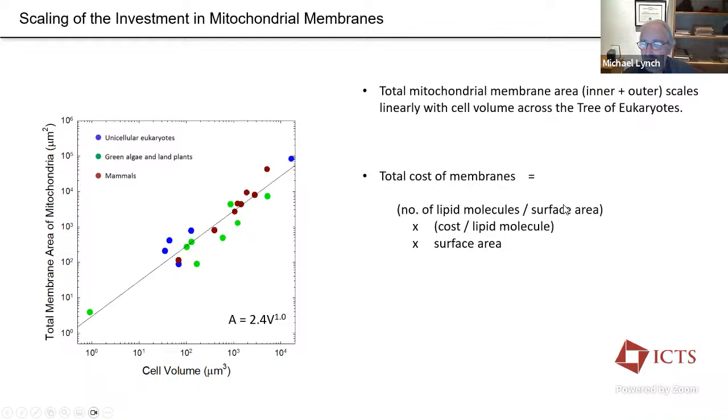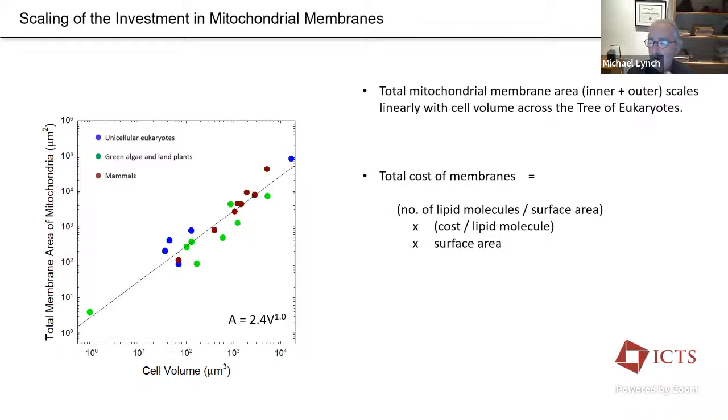This is getting a little ahead of ourselves. I'll talk about this when I switch to the next part of the lecture. But we know how many lipid molecules occupy a unit surface area. We know that because lipid molecules line up next to each other in parallel. And we know the area of what we call the head group. And so given the surface area, you can calculate the number of lipid molecules that must be in there. And of course, they're double membranes.